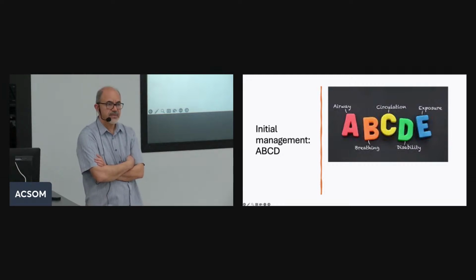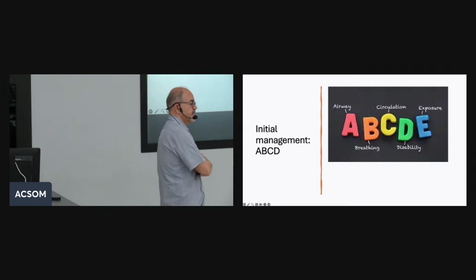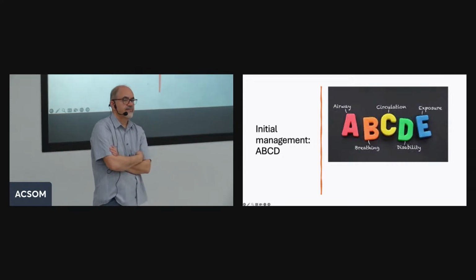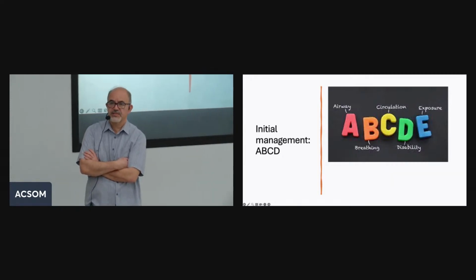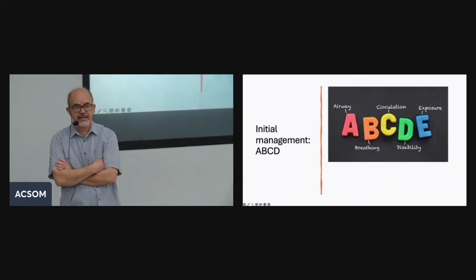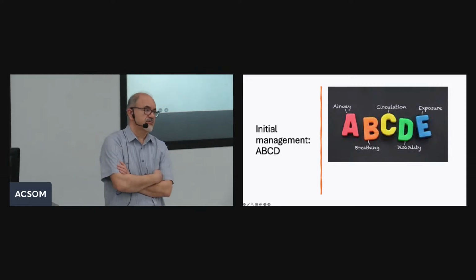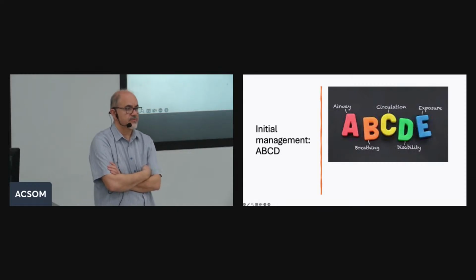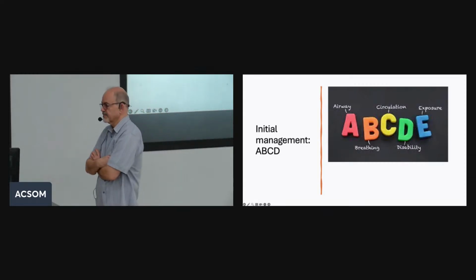If the mouth is open, if the patient is talking, then you move on from the A to B. B is breathing. Make sure the patient has good breath sounds bilaterally. Make sure the oxygen saturation is normal. If oxygen saturation is low, you put the patient on oxygen. If they need respiratory support, you provide respiratory support.